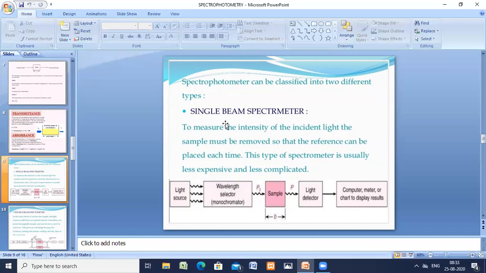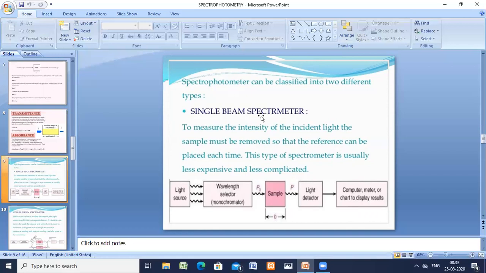A spectrophotometer is a filter photoelectric photometer. Previously, what they used to do is use a filter photoelectric photometer. It's nothing but a spectrophotometer. A spectrophotometer permits the use of continuously variable, near monochromatic bands of light.